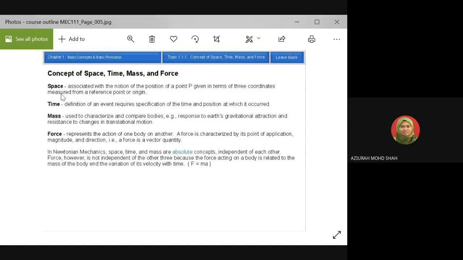So, you know that space we can relate with the position. So, sekarang kamu berada dekat bilik kamu ataupun dalam rumah kamu ni, daripada panjang dia berapa, lebar dia berapa, tinggi berapa, daripada tinggi siling berapa. So maksudnya you need to have the coordinates.